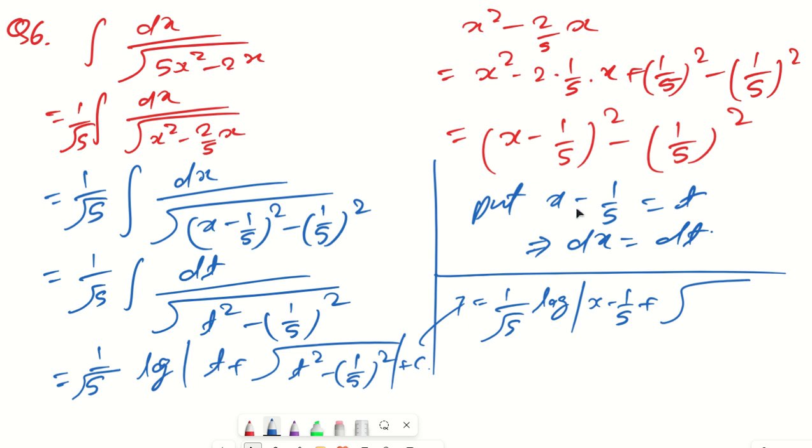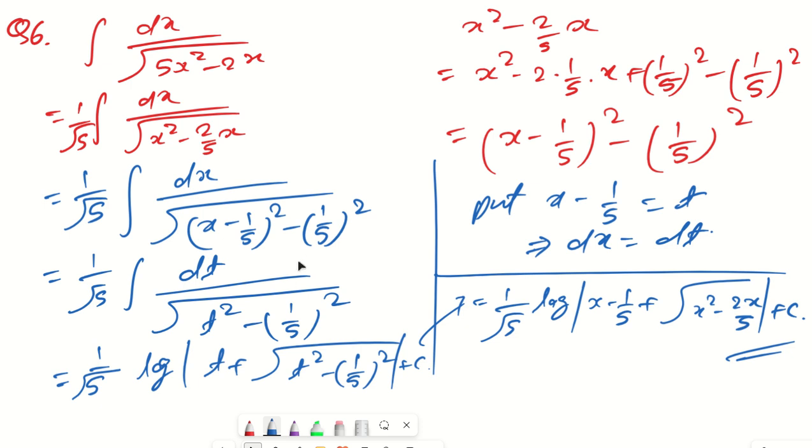So see, t square minus 1 by 5 square is nothing but x minus 1 by 5 whole square minus 1 by 5 whole square, right? And this can also be written as x square minus 2x by 5. So I can write it down as square root of x square minus 2x by 5 plus some constant c. So this is going to be your complete solution.